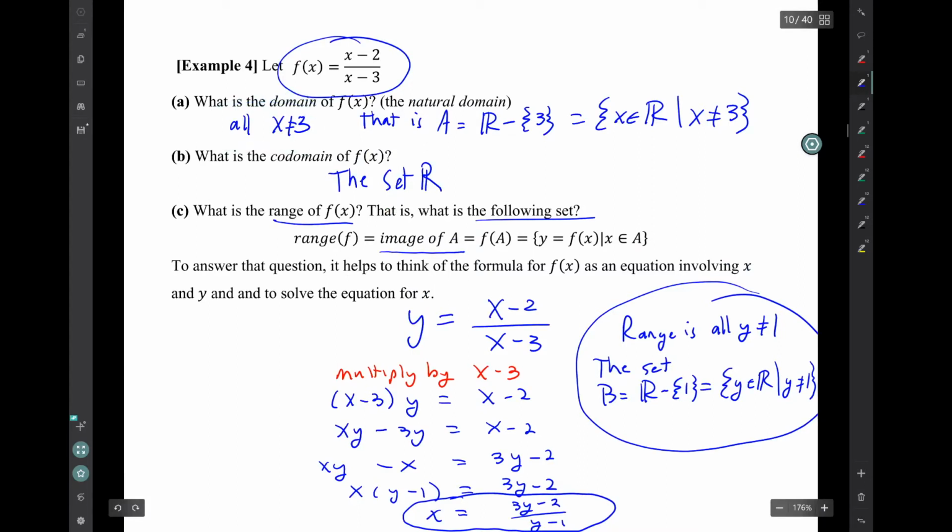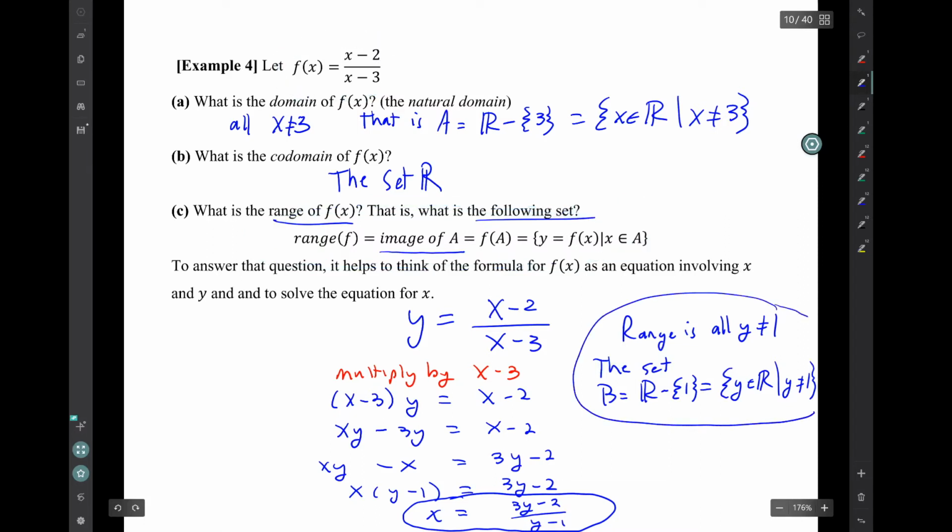The codomain, that is the kind of things that come out, is the set of real numbers. And the range, that is the actual y values that do come out, is all y values except the y value y equals 1. So the range was all y's not equal to 1.